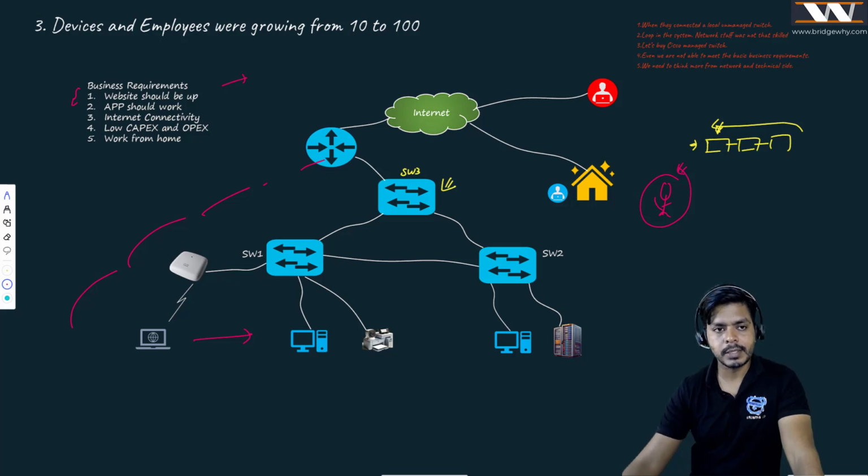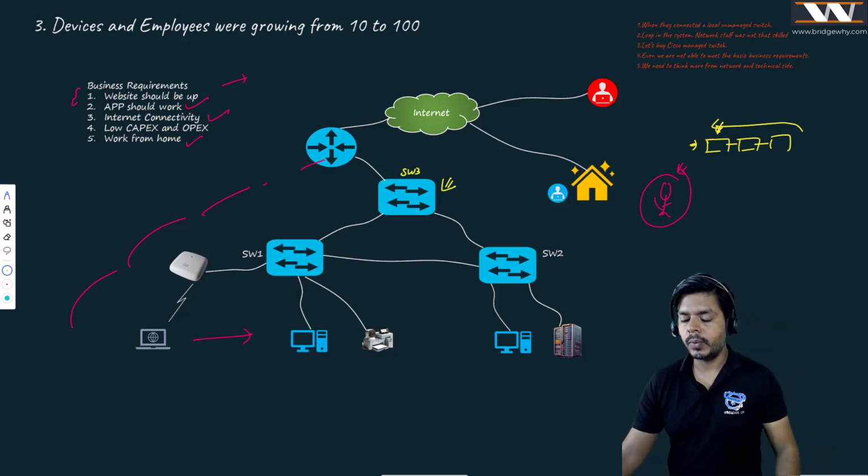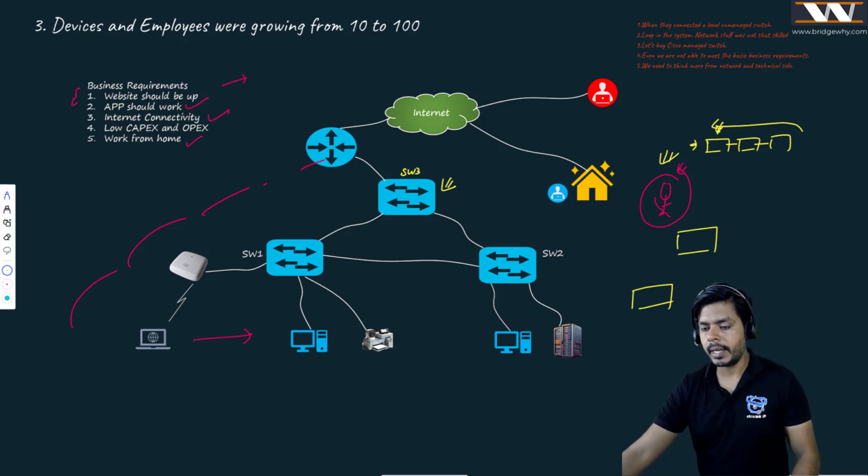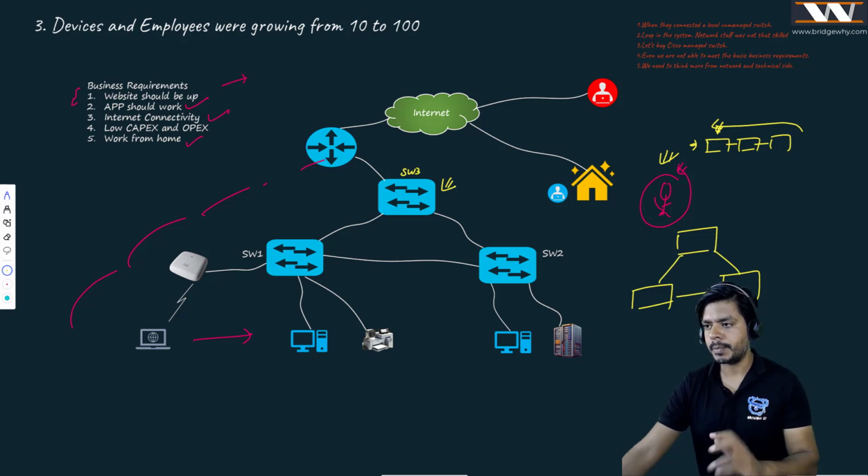Even the applications were not working. Internet connectivity was not there. Work from home, just leave it, because nothing was working. And this guy had no idea what exactly was happening. He just connected these three unmanaged switches in this fashion, in this topology.